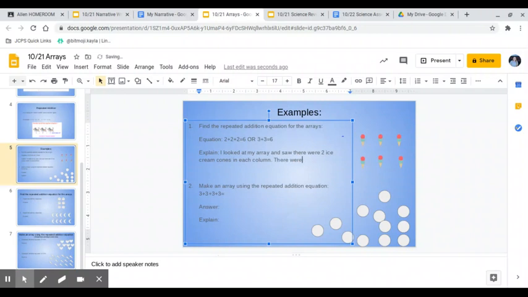There were 3 groups. Let's say there were 3 total columns. So I added 2 plus 2 plus 2.